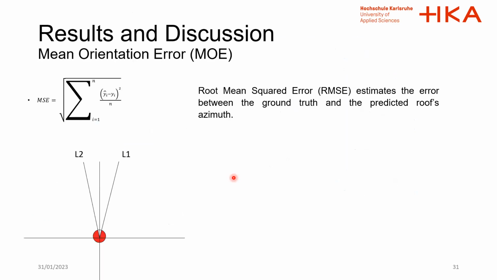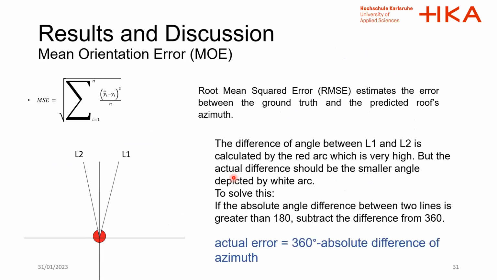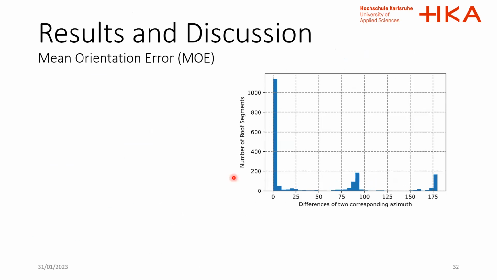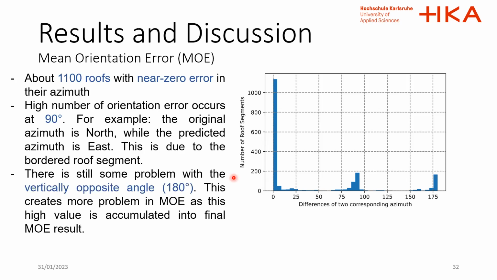We have also calculated the mean orientation error, but the result was not that good because of the differences between the angles. There is still a problem with the vertically opposite angle. If it's east and it detects west, we have an angle difference of 180 degrees.